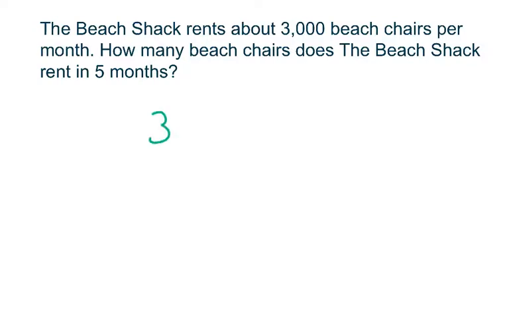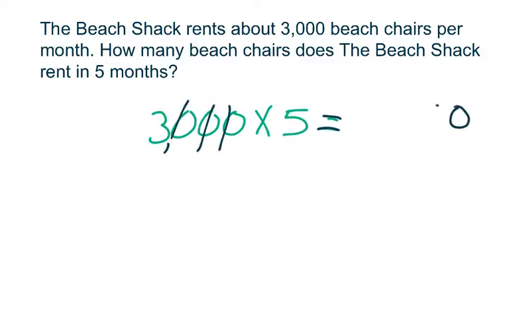Okay, so I have 3,000 beach chairs per month, and I want to know how many in 5 months. So this is going to be a pretty simple multiplication problem for me. Now the biggest thing I don't want you to forget about is those zeros. So we can cross them out here as long as we add them into our product. Now all we have to worry about is 3 times 5, which gives me 15 as a product.